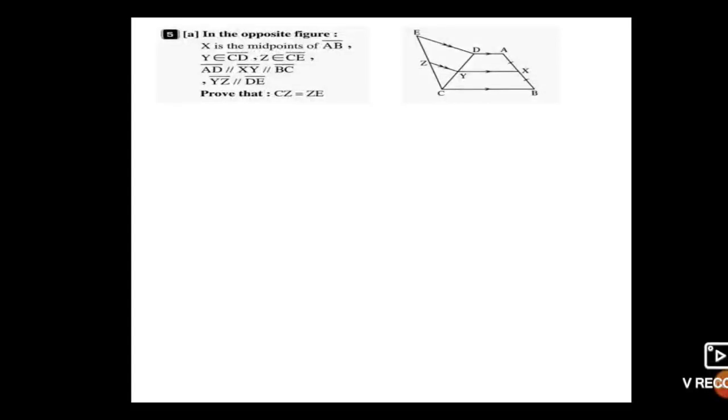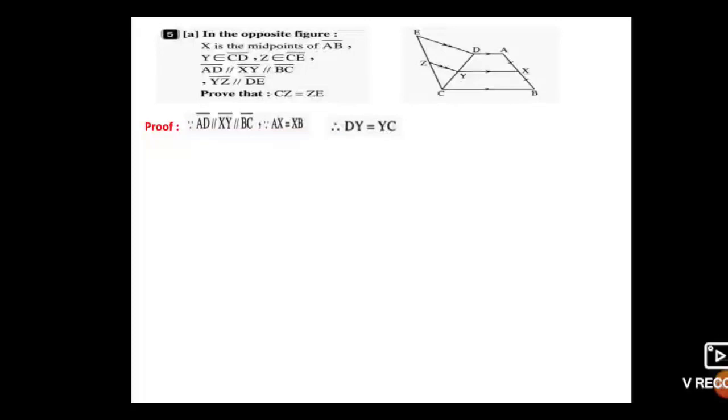You have quadrilateral ABCD. X is the midpoint of AB and XY is parallel to BC. From the parallelism, you will find DY equals YC.